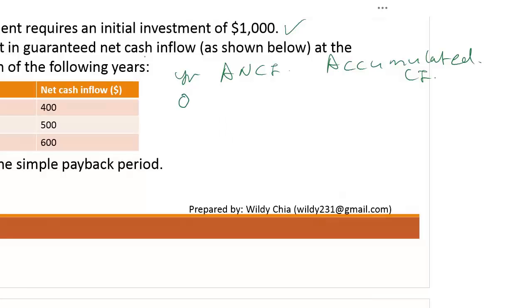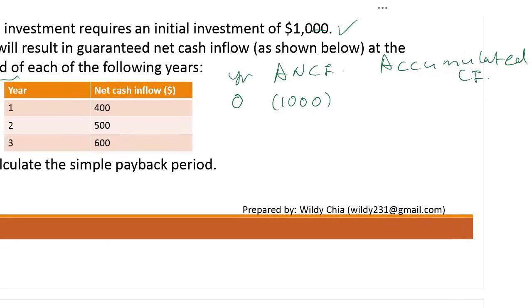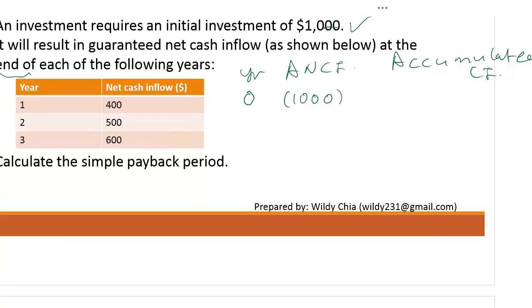When you first start with the project, year 0 represents the start. So we assume here that this 1,000 is paid the moment you start with the project. Payments are indicated with the brackets 1,000, or you can say negative 1,000. Followed by the years 1, 2, and 3. In year 1, your cash flow is 400, year 2, 500, year 3, 600.